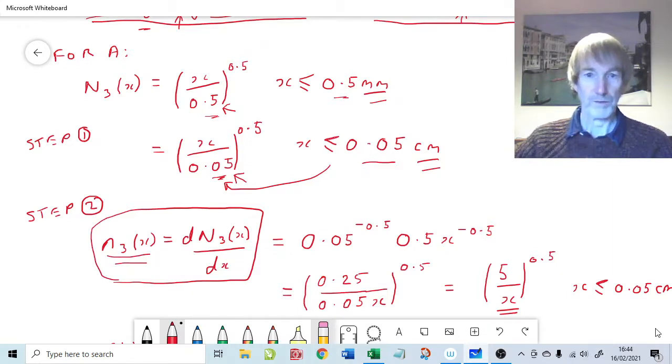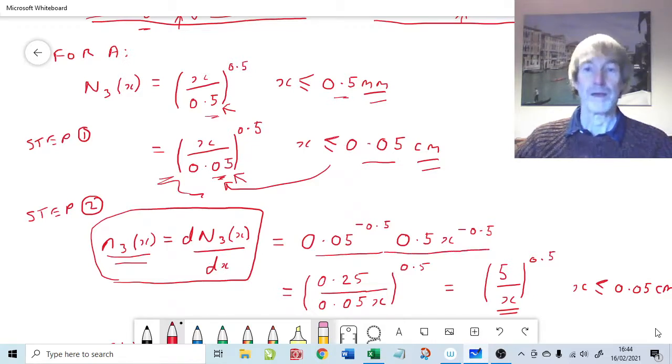So we need to differentiate the equation, which for component A is, well, this is just splitting out the constant to the power minus 0.5, so it's coming from this equation here. Then as we're going to be differentiating, that's going to leave x to the power 0.5, which of course differentiates to 0.5x to the power minus 0.5.